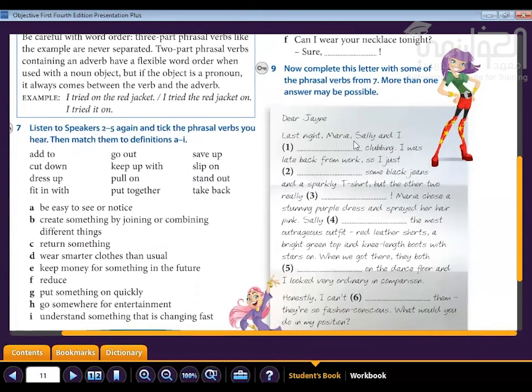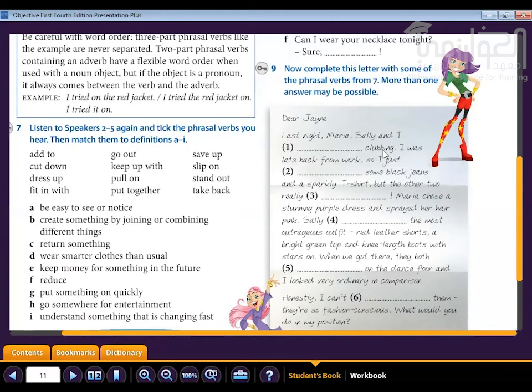Dear again, last night, Maria and I club, and when you describe an activity with -ing at the end, you know what we use. Look at the phrasal verbs here. We normally use the word go with this.